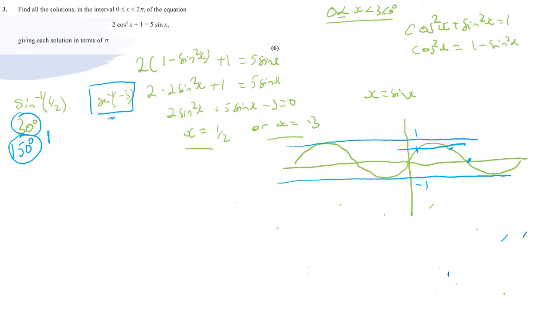This one is not valid. But now he said that he wants it in terms of pi, so what we can do is 30 over 180 multiplied by pi to work it out. That will be pi over 6 and 5 over 6 pi. So the 5 over 6 pi is equivalent to 150 degrees.